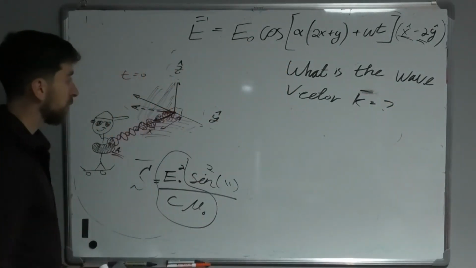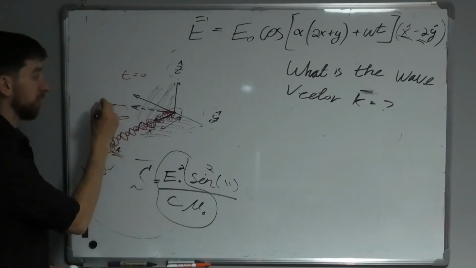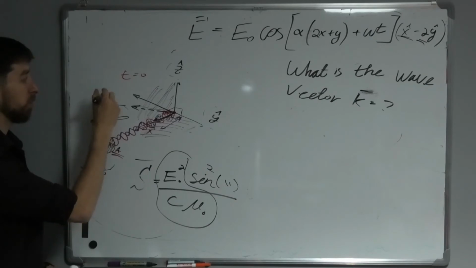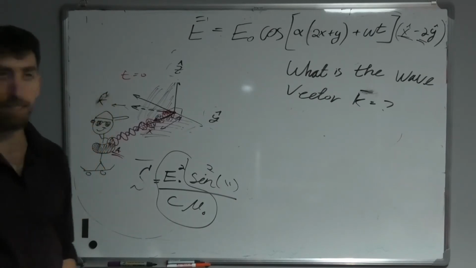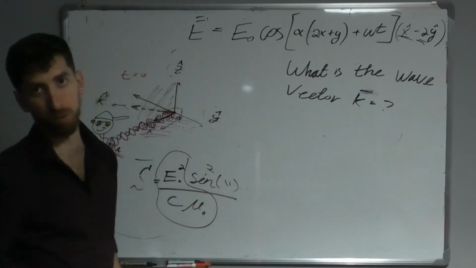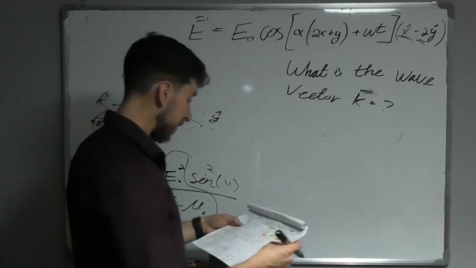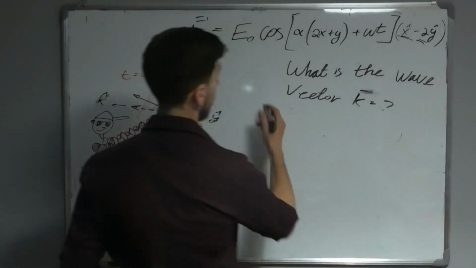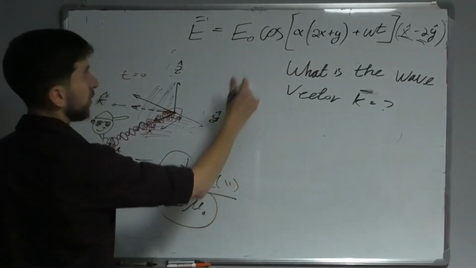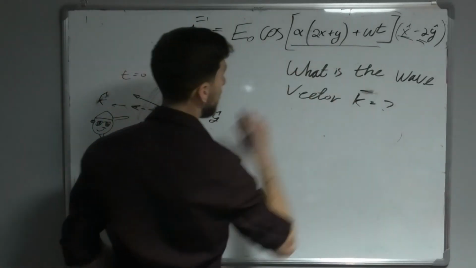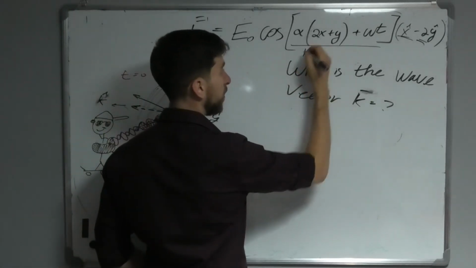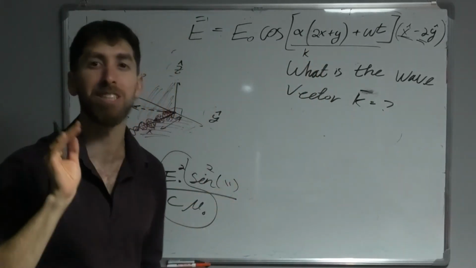The wave vector is actually the direction that I'm pointing in this one. If I want to find only the direction, it is where this thing is moving to. I'm going to take this term, and remember that at the beginning it was k multiplied by x, but right now it's general.